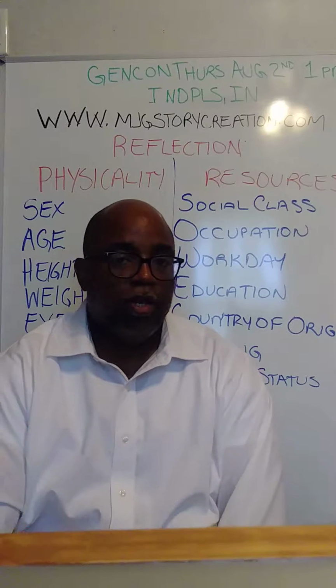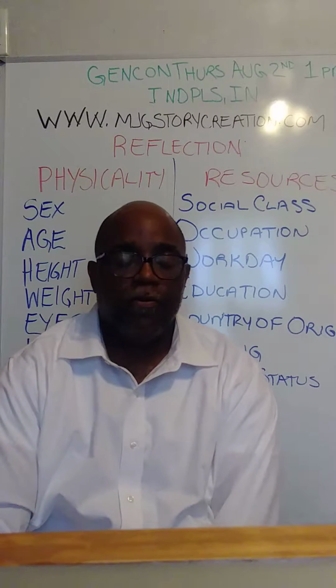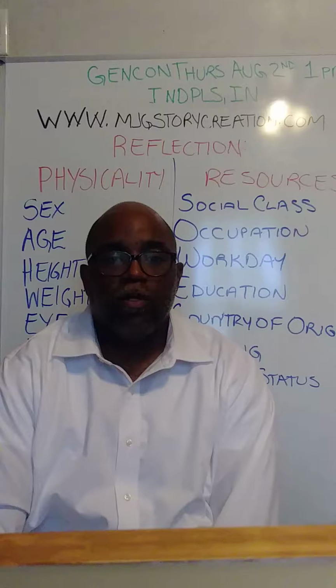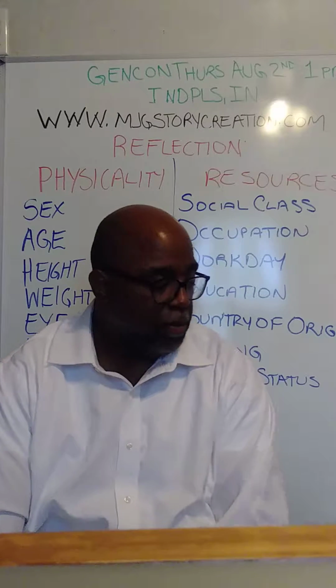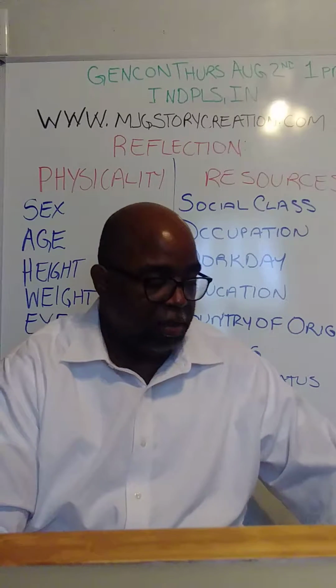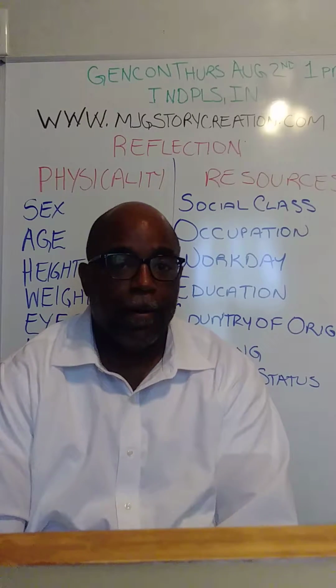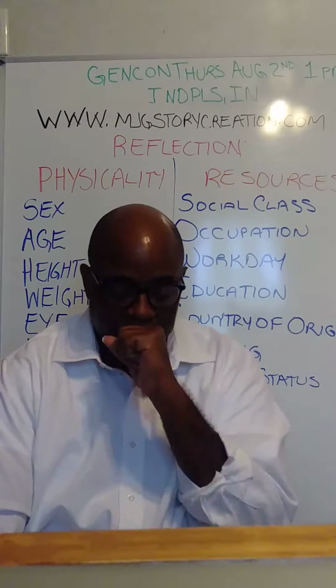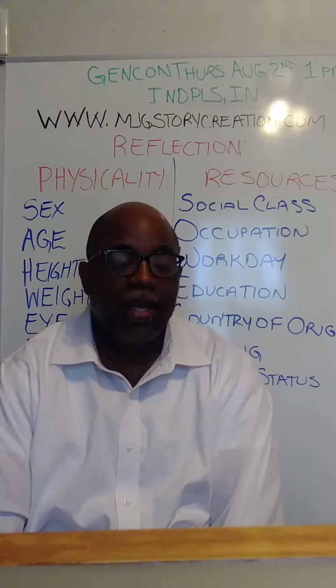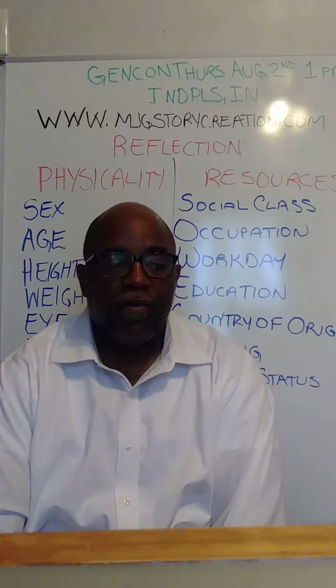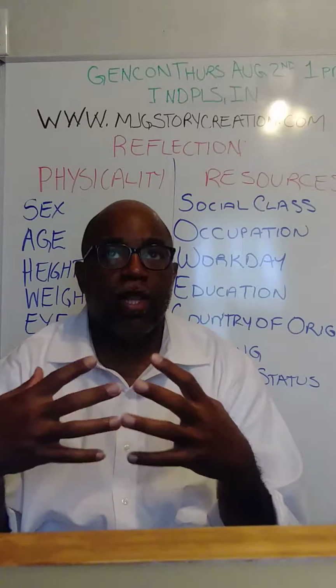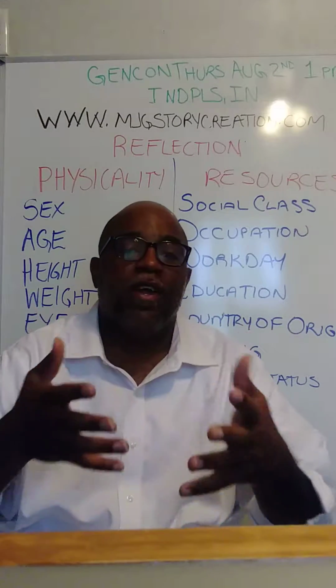So today what we're going to do is go through the first two categories, which are physicality, which is the physical makeup of the character, and resources. Resources being what the character uses to move through their day-to-day life.